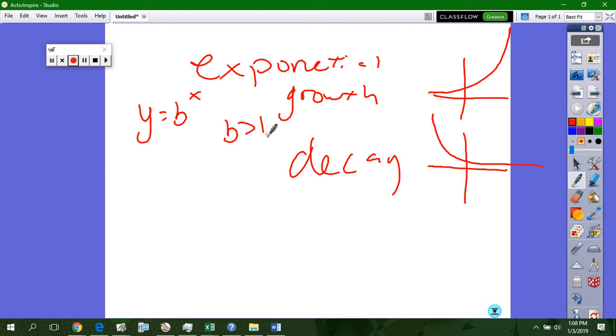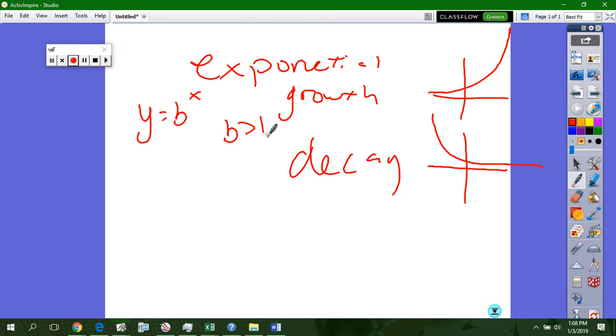That should make sense because 2 squared is 4, 2 to the third is 8. I'm doubling every time. What happens when I do, like you said, a fourth? A fourth squared is 16. A fourth cubed is 64. It's getting smaller every time you go larger.